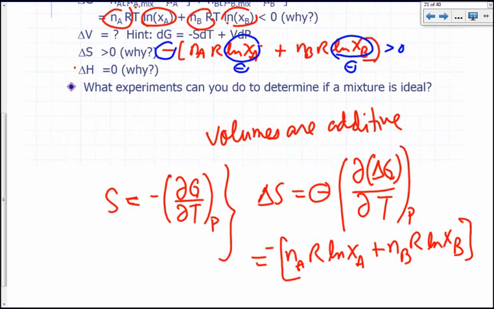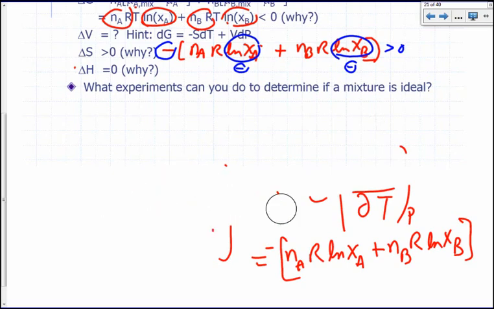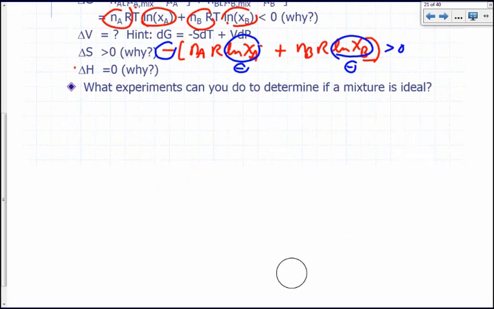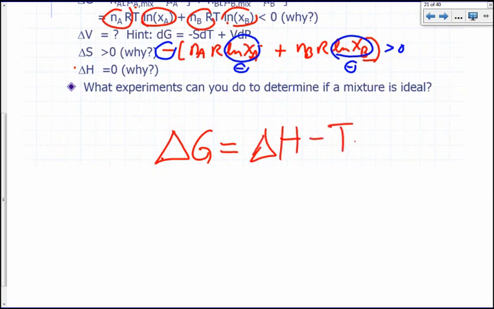Okay. What about delta H? Delta H is going to be equal to 0. Why? Here's one way you can do it. You just say that delta G equals delta H minus T delta S. Okay.